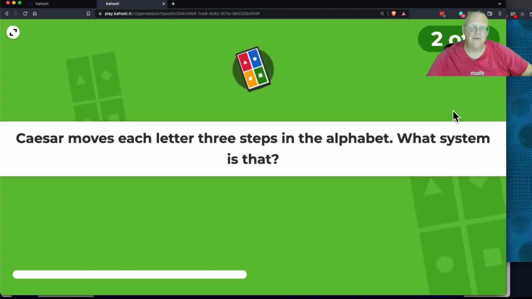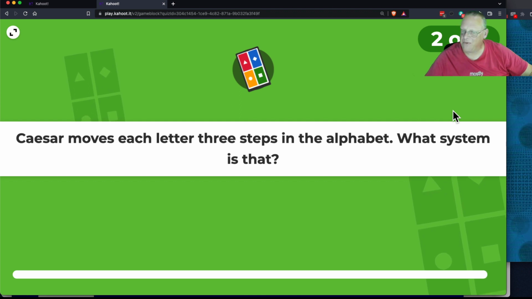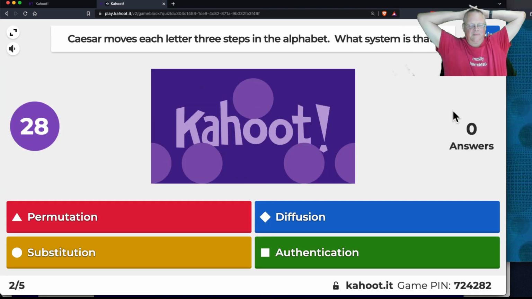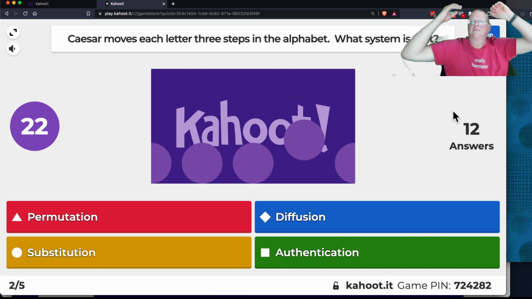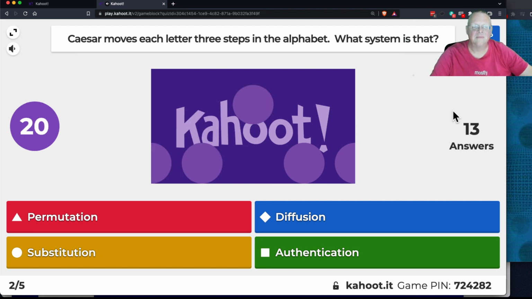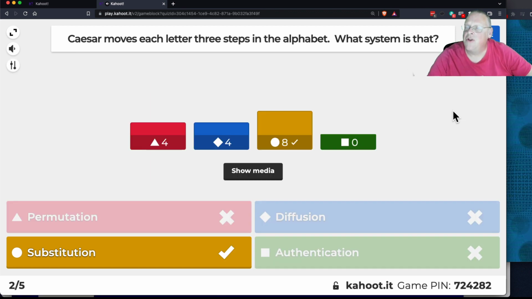All right, Caesar moves each letter 3 steps in the alphabet. So what have you got there? That's substitution. Your A turns into a D, and if you have another A, it also turns into a D. Each letter is just replaced by another letter. That's a substitution cipher.